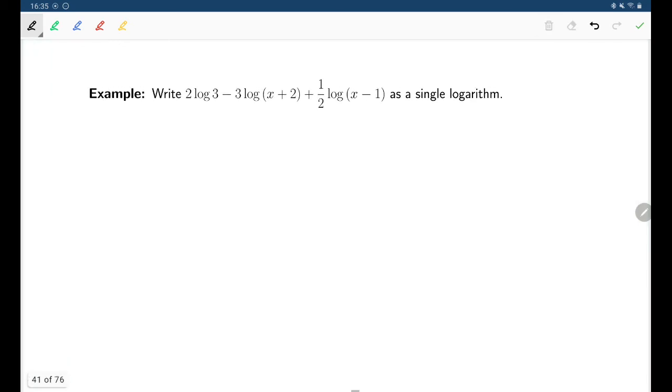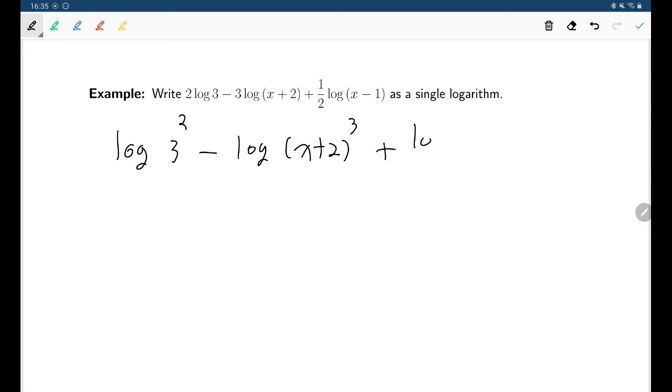So I'll have log of 3 squared minus log of x plus 2 cubed plus my log of x minus 1 to the power of a half, which of course is the same thing as square root of x minus 1, so I'll just write that as log of square root of x minus 1. There we go.